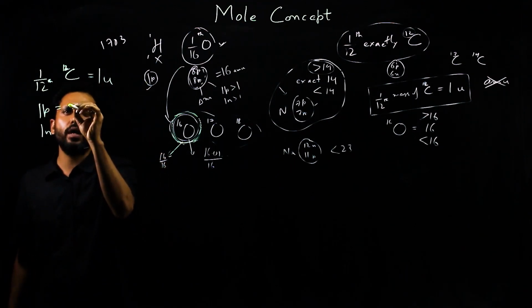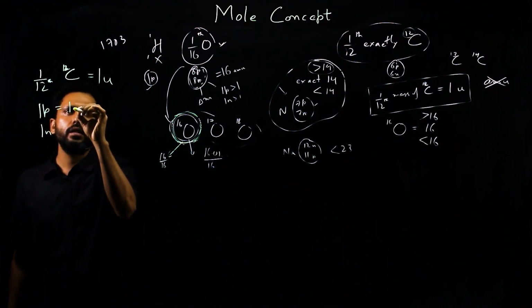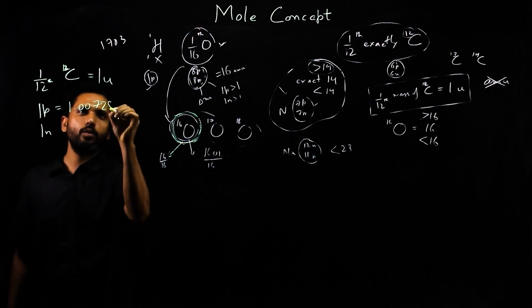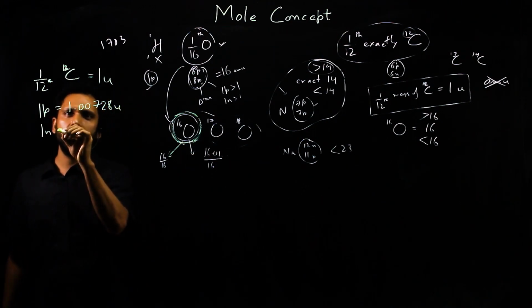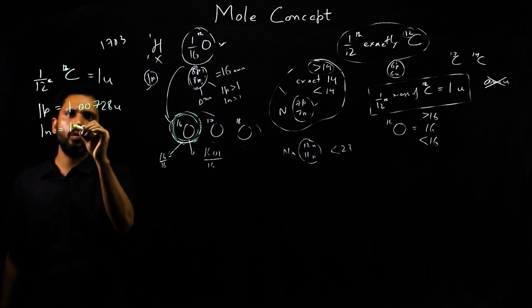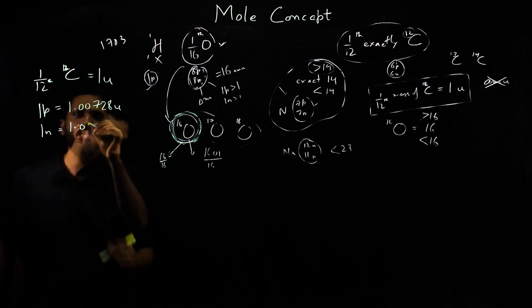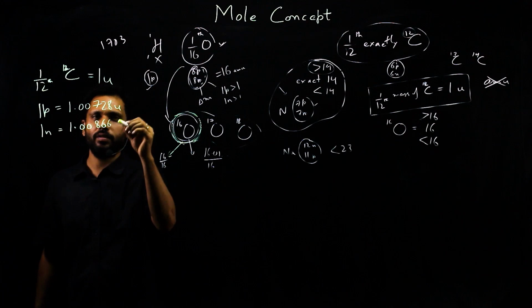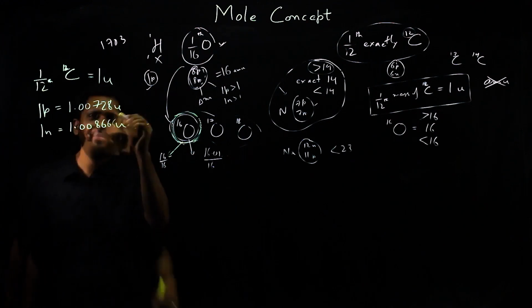So the precise value is 1.00728 U, and neutron is 1.00866 roughly U over there.